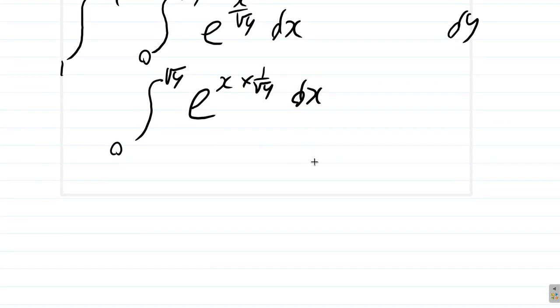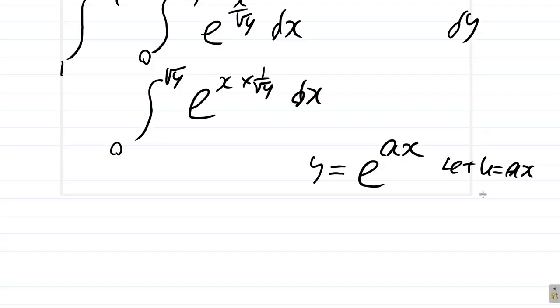Now, generally, if you have y equal to e to the ax, and you let u be equal to ax, now you're finding the integral of e to the ax dx.